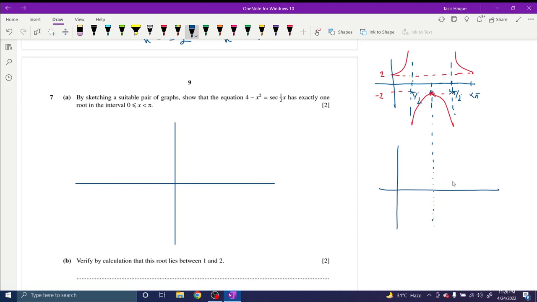Pi by 2 will switch to pi, and 3 pi by 2 will switch to 3 pi. So now the new asymptote is at pi, and the graph looks like this. This is pi, this is 2 pi, and suppose this is 3 pi. Hopefully it makes sense.